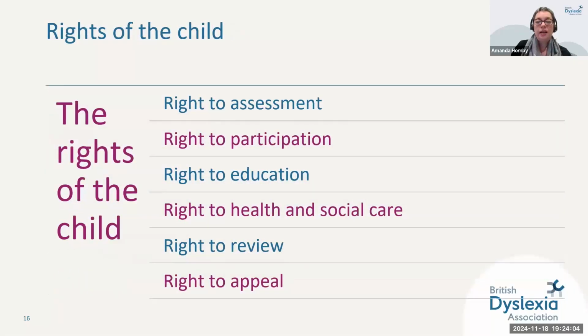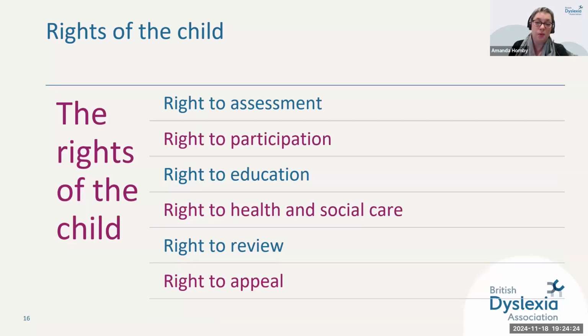So the rights of the child, then. They have a right to an assessment. Parents, teachers, or the young person themselves, if they're aged 16 to 25, can request an EHCP needs assessment from the local authority if they believe additional support is needed. They have a right to participation.